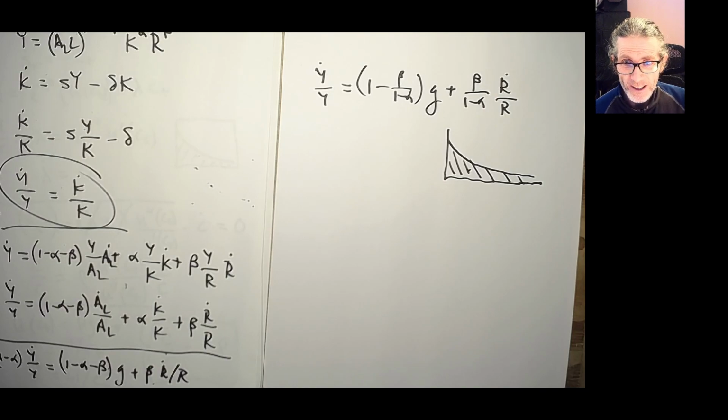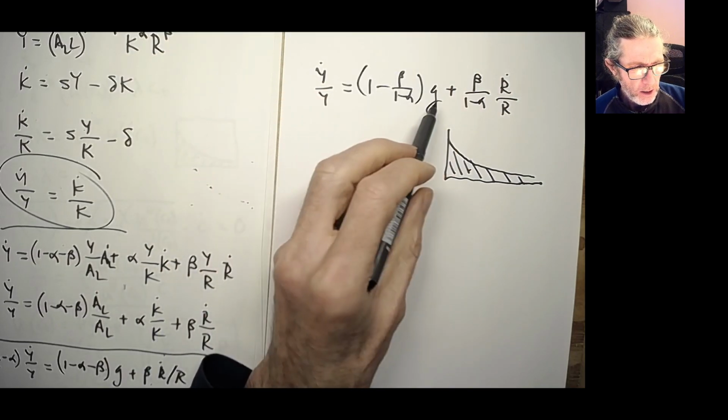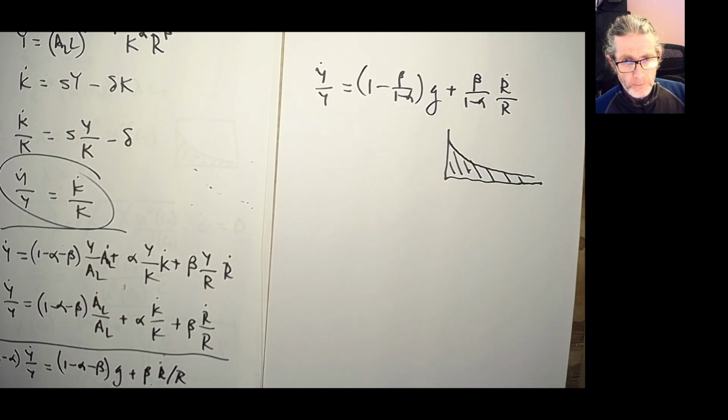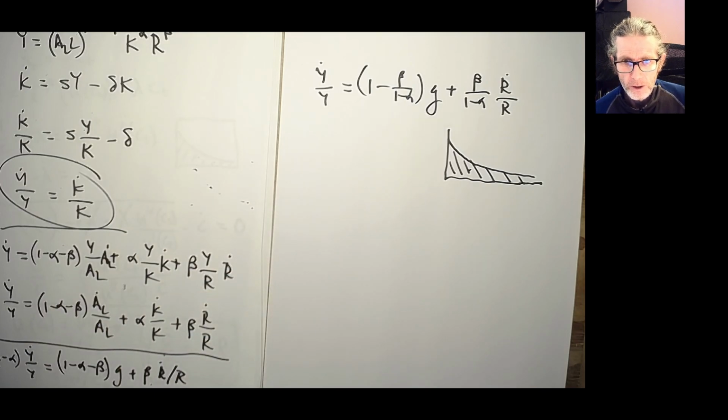So what's R dot over R? It's 0, yeah, because R is the flow of sunshine, it's just constant. Sorry. So in this case, we can just wipe that, and y dot over y is this. So it's G minus this. So if beta was 0, then we wouldn't need the resource input, then y dot over y would be G. So this minus term here is a sort of penalty for how much the need for this resource input that cannot grow, how much that sort of breaks the growth process overall.